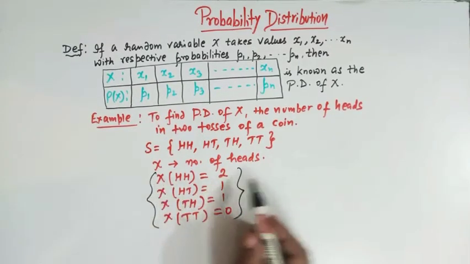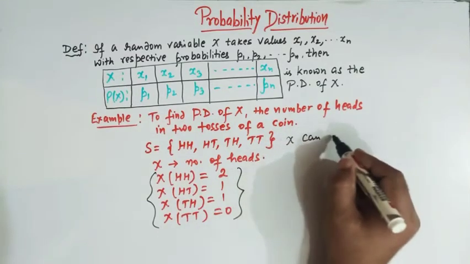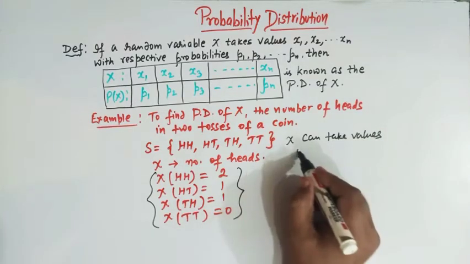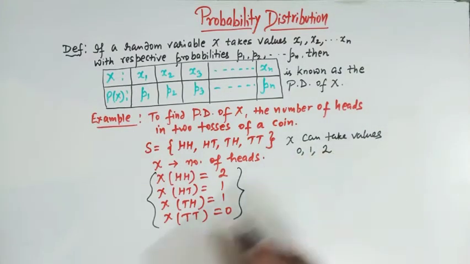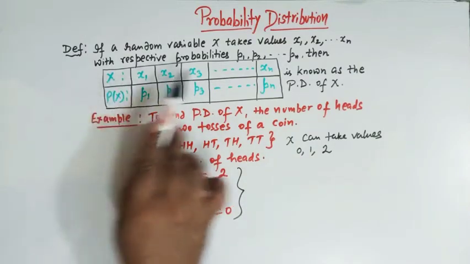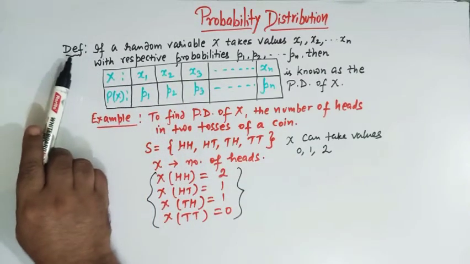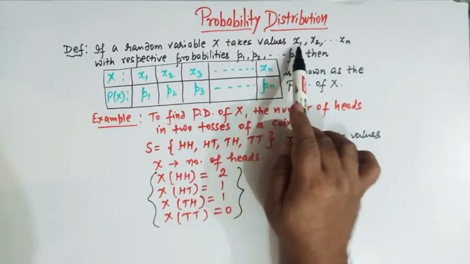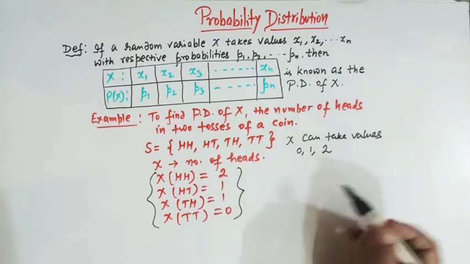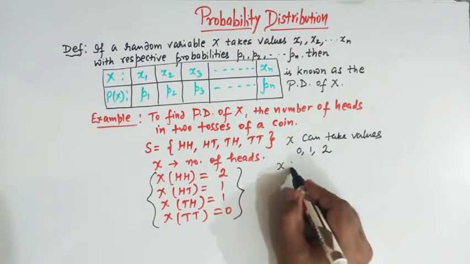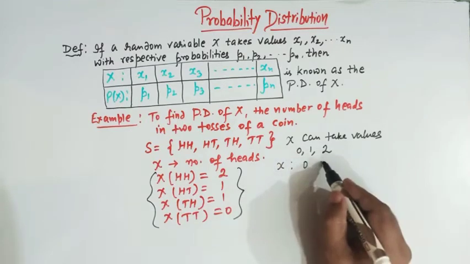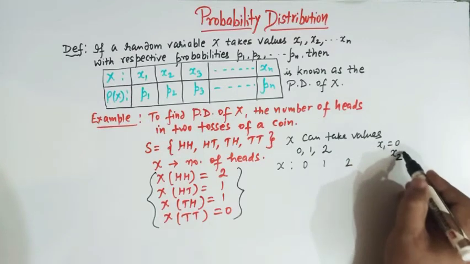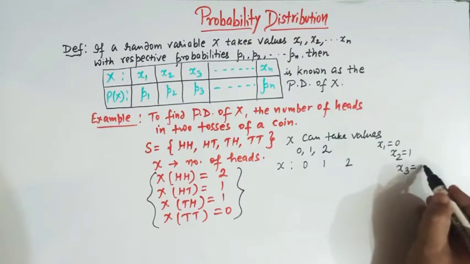So we see that here x can take values either 0 or 1 or 2. In our formal definition we said that the random variable x can take values x1, x2 up to xn. So here x is written as 0, 1 and 2, because x1 is 0, x2 is 1 and x3 is 2.